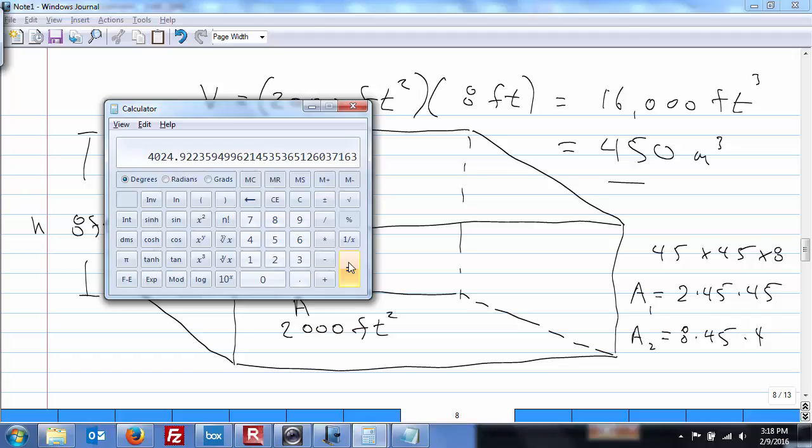Yeah, that's right on. So 4,000, we'll call that the top and bottom, and let's do 8 times 45 times 4 to get all the walls, 1,440. So 4,000 plus 1,440, we're looking at 5,440. Did I do that right?